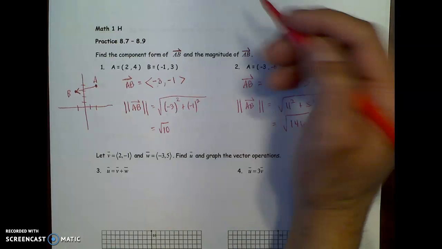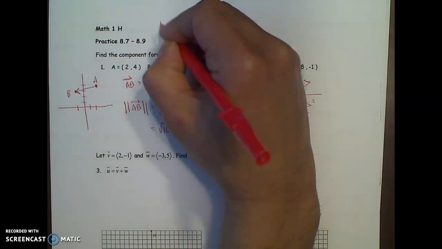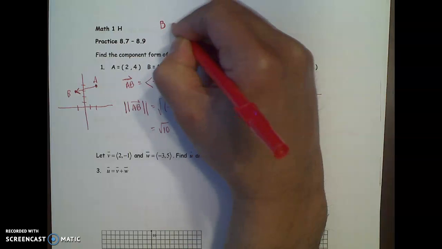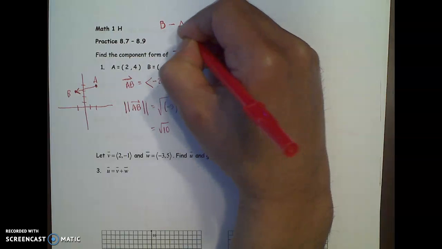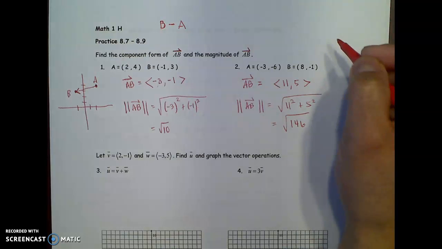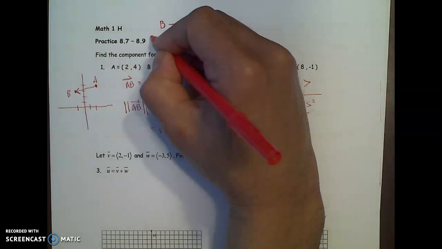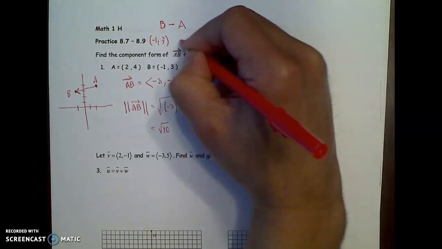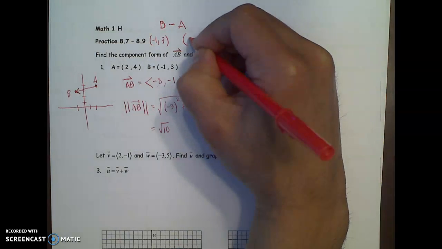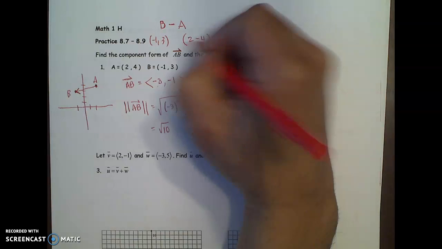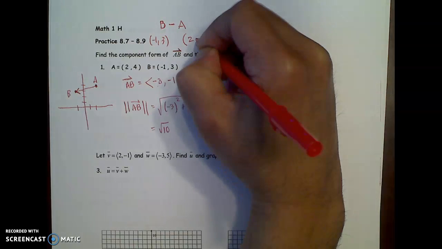I'll demonstrate that. The head is at B, the tail is at A, so I'm going to subtract these two. For B, it's -1, 3. For the tail, it's 2, 4. Oops, that should be a comma.